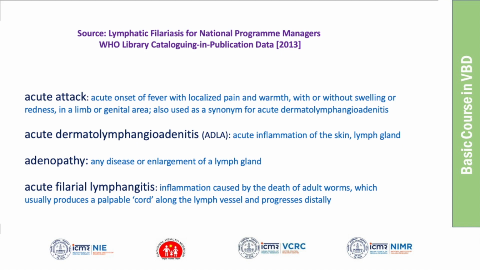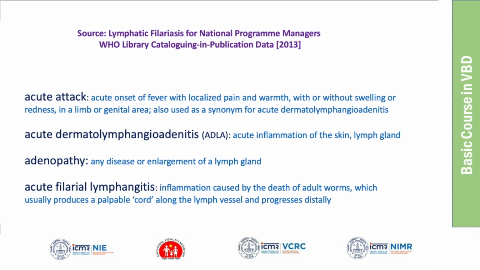There is acute onset of fever with localized pain and warmth, with or without swelling and redness in the lymph or genital area, also used as a synonym for acute dermatolymphangioadenitis. Acute means you understood that it is onset of fever, and it can be due to the derm, again skin, lymphatic system. Adenitis is a gland, so it is called acute dermatolymphangioadenitis. This is called ADLA.